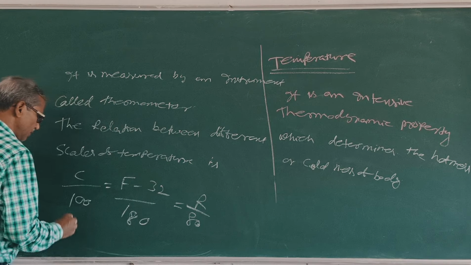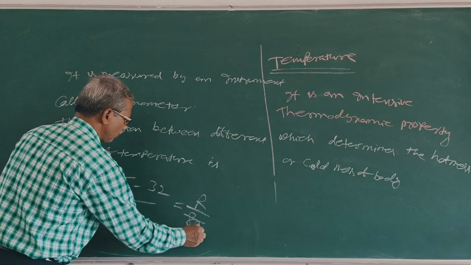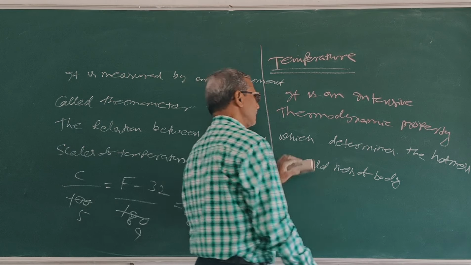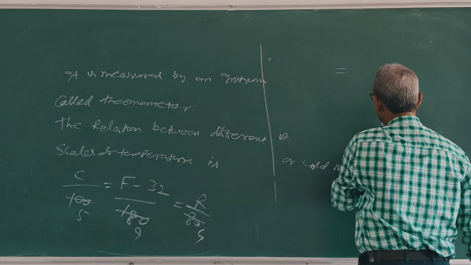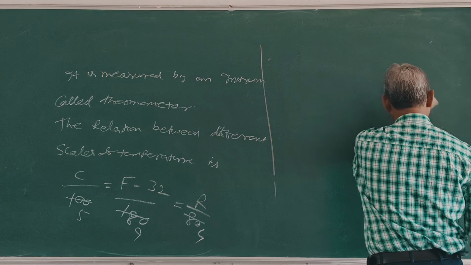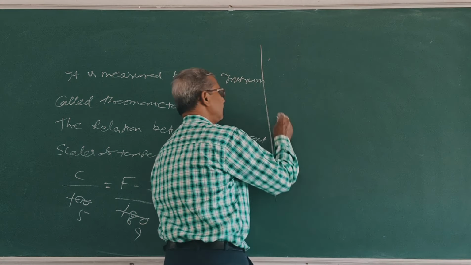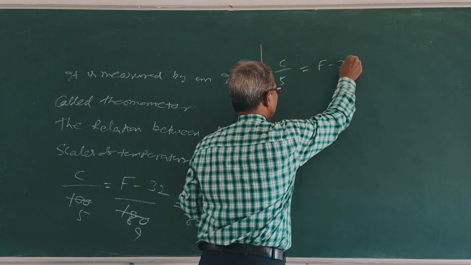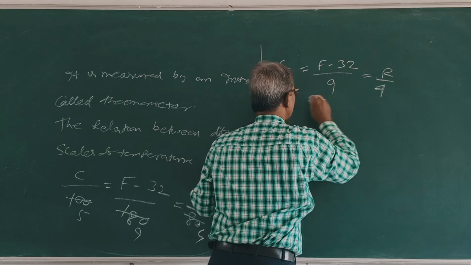Clear? Dividing by 20, this is C by 5 is equal to F minus 32 by 9 is equal to R by 4.